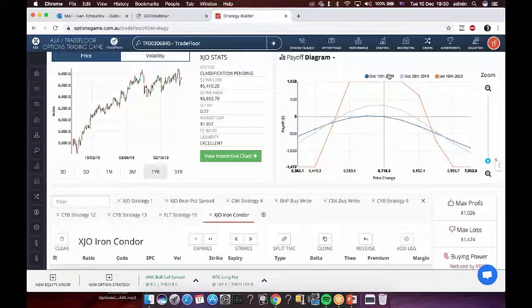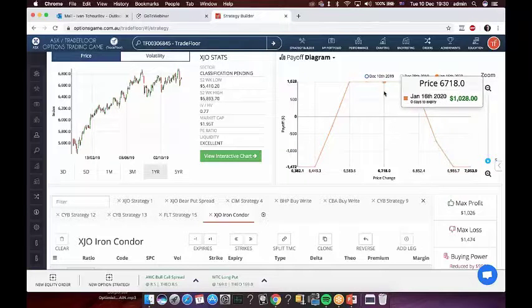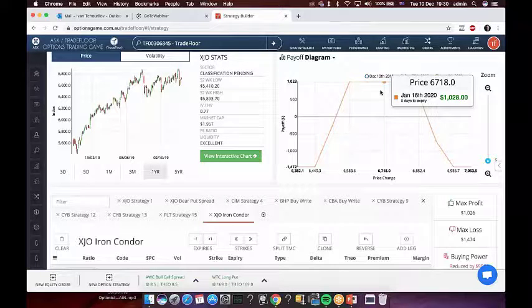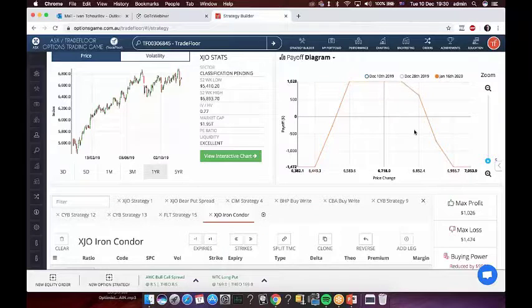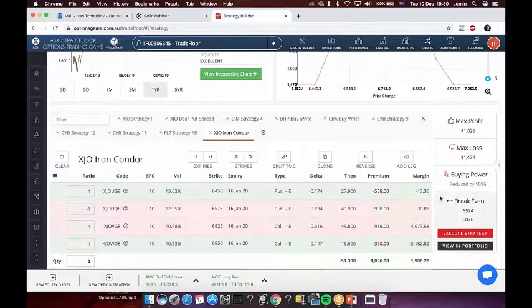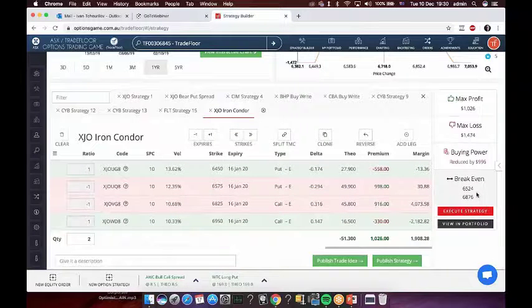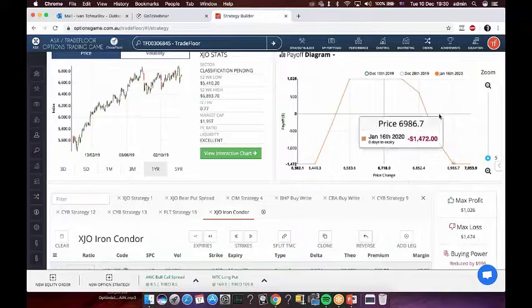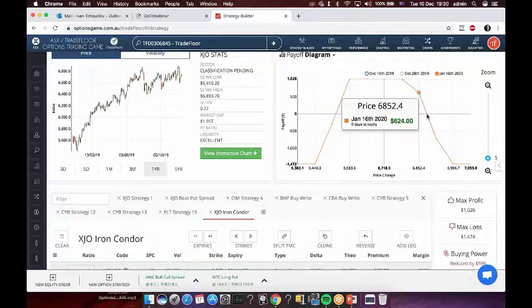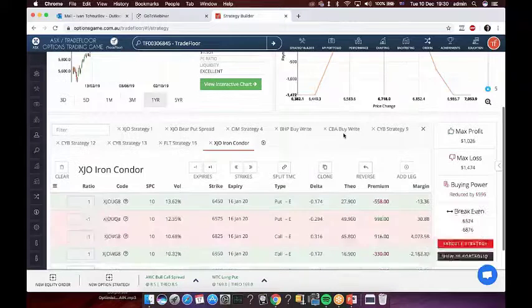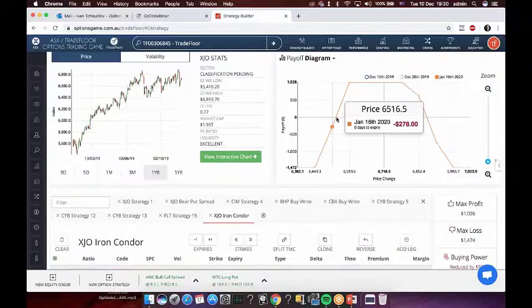If we just look at the expiry date of this trade, the orange line on the 16th of January 2016, we can see exactly the same information as we're seeing from the break-evens. The 65.24 and the 68.76 are both right here.